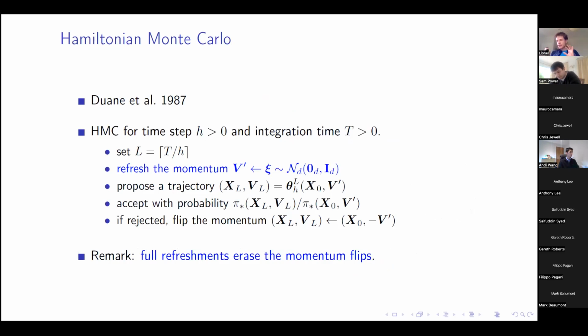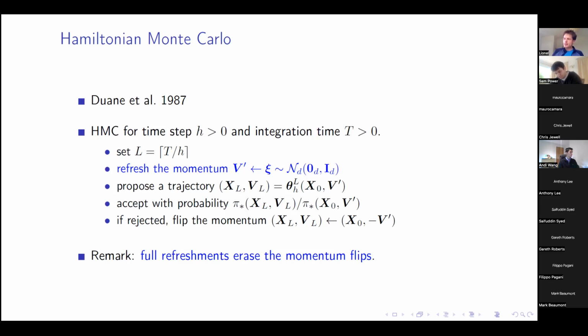And we will accept this deterministic Hamiltonian trajectory with a certain probability that corresponds to the ratio of densities of the output and the inputs of the trajectory. Okay, so this accept-reject mechanism is known as the Metropolis correction. I'm sure you're all very familiar with it.